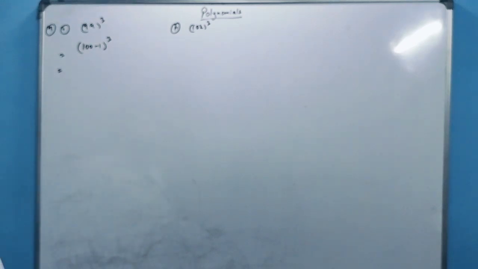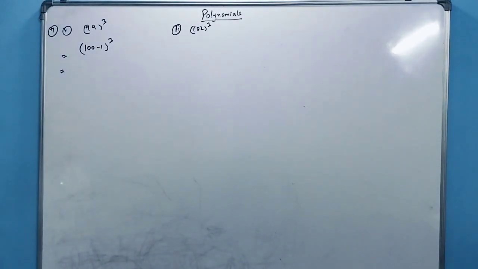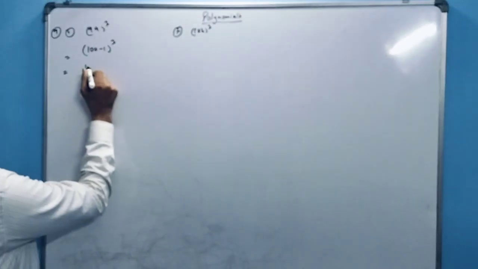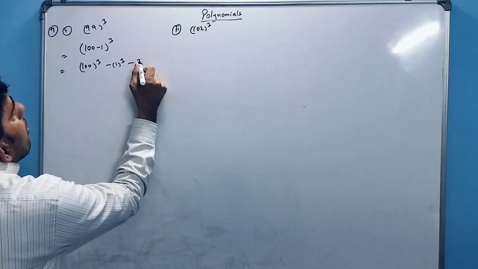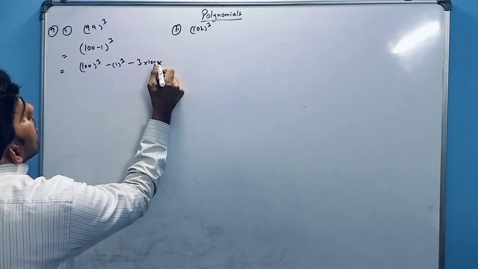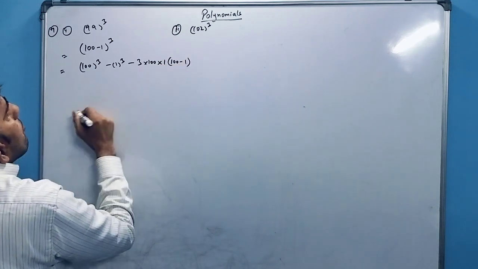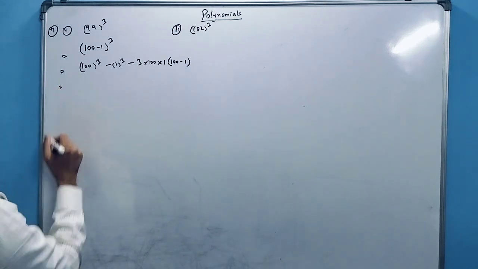Now 99 whole cube: what I have done is written (a − b) whole cube, (100 − 1) whole cube. So now we'll use the identity, that is a cube minus b cube minus 3 into a into b into (a − b).